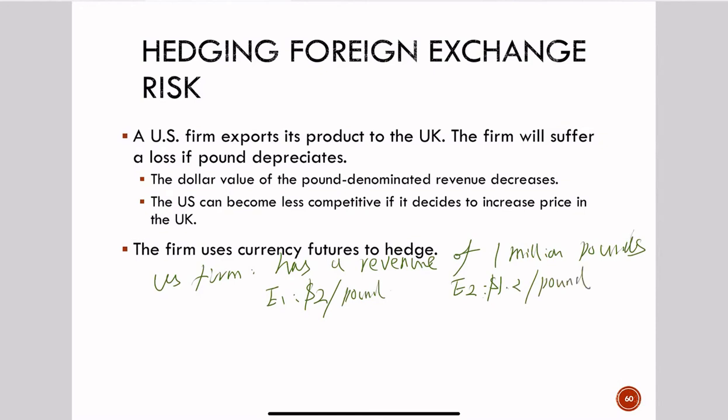Now you can see that in this case, it is depreciation, because now the pound becomes cheaper, right? This is a US firm, so in the end, the firm needs to convert its pound denominated revenue into dollar values.